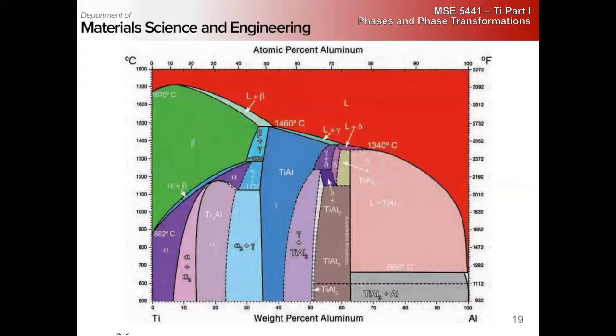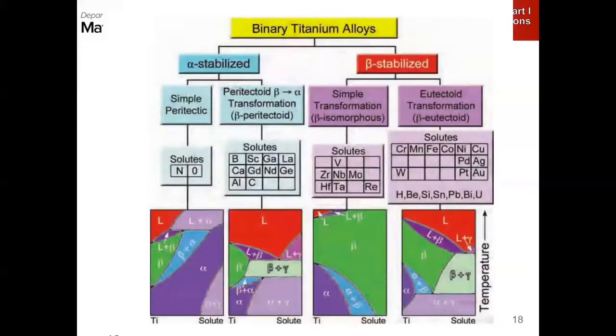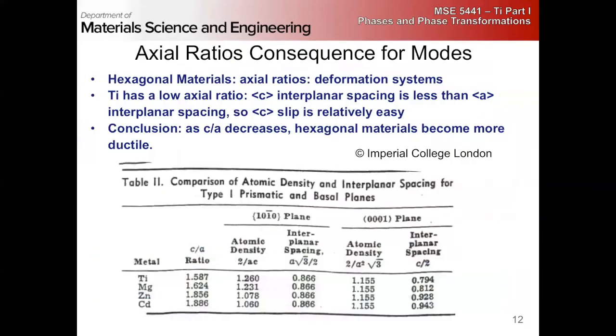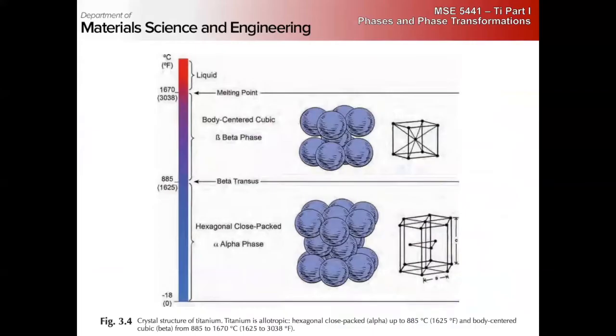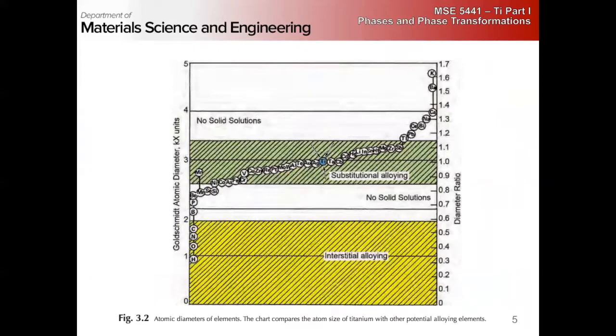If you go back to that chart at the very beginning, right here, where I pointed out how many different possible alloying elements there are, this doesn't talk about the range of solid solutions that they can exist in. Some of these have fairly limited solubilities, so low amounts of alloying.